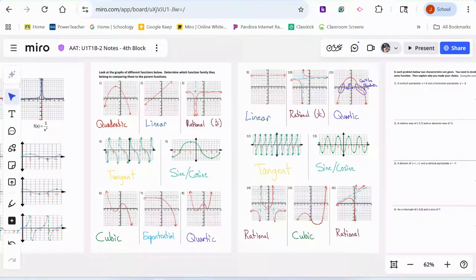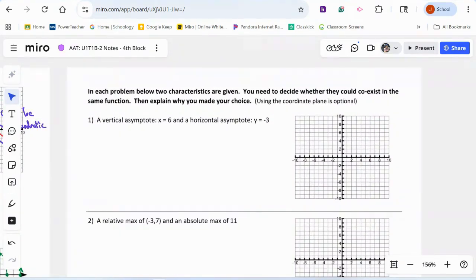All right. The last thing we're going to do with these notes is compare DNA. Again, going along with the idea that certain combinations of the characteristics, the DNA, the chromosomes of these functions, define what family they're in. There are going to be some characteristics that cannot coexist in a family and some that can.